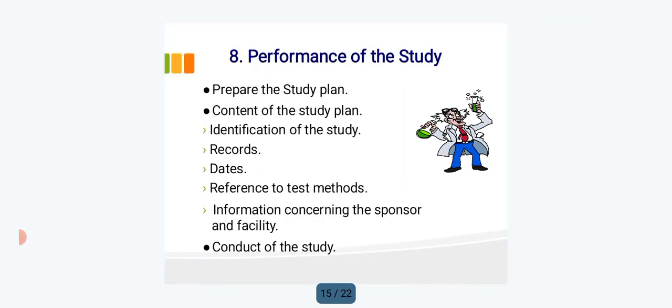The eighth one, performance of the studies. We have to prepare the study plan, with the content of the plan, identification of the study, records, dates, reference to the test method, and information on the persons involved, and finally we conduct the study.